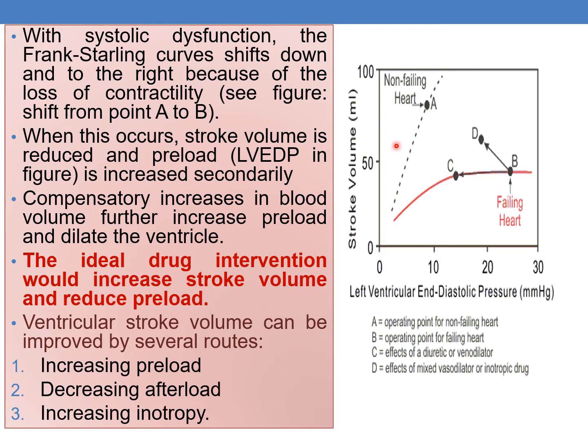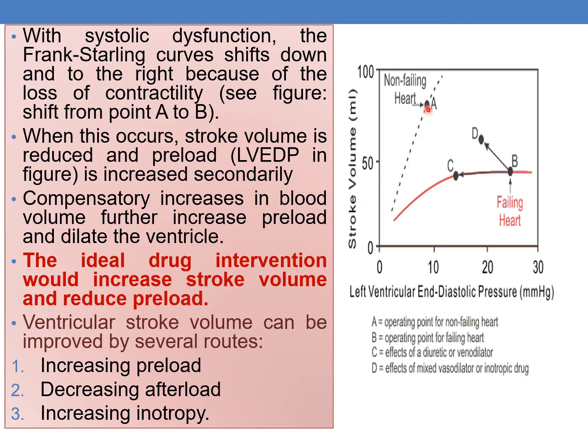Here the stroke volume is greater, and when the curve shifts from A to B towards the right side, you can see the reduction in stroke volume and preload, with a significant increase in left ventricular end-diastolic pressure.